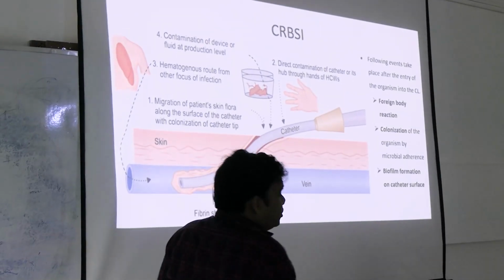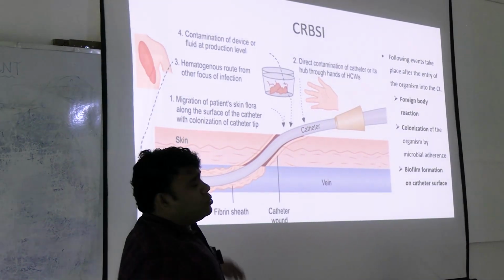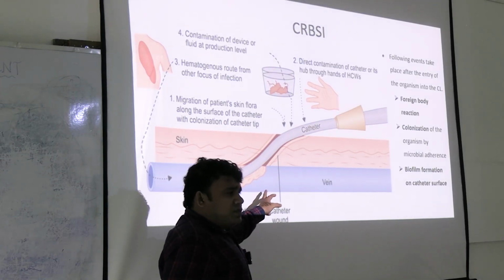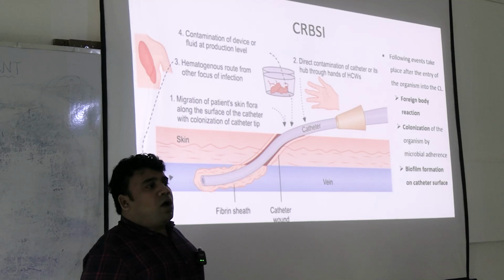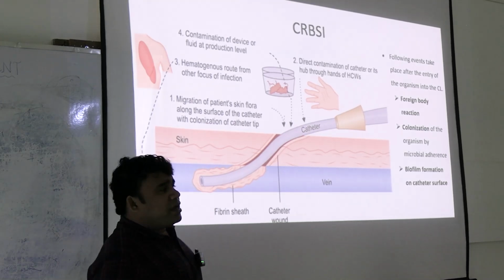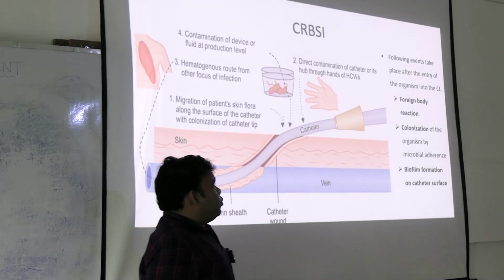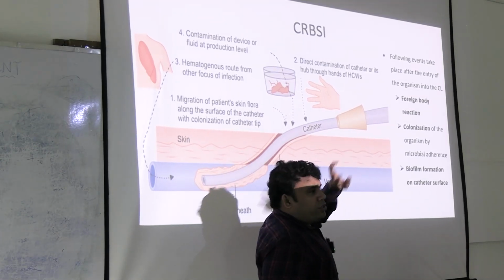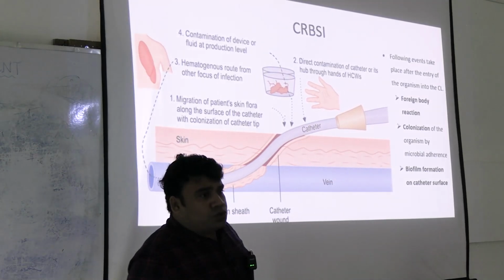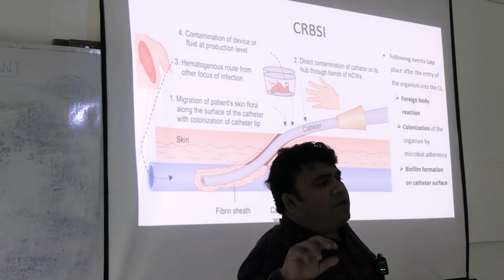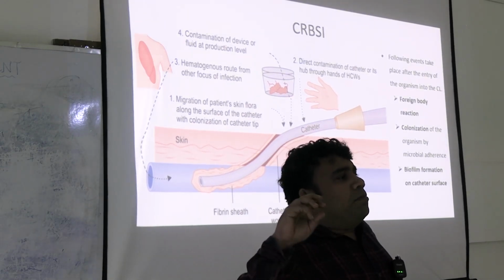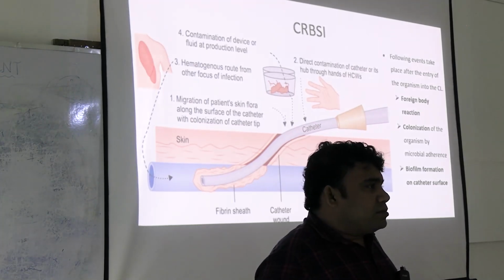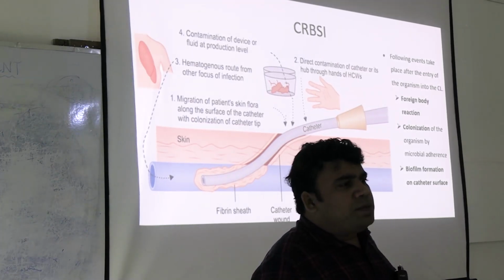Now, like in the case of the urinary tract, this is a pictorial diagram which shows a catheter that has been placed into the great vessel, that is the great veins. Now, how does infection occur in the case of catheters? The first types would be extraluminal and intraluminal. Intraluminal means through the catheter. Whatever drugs, medications, fluids I am giving, if they are contaminated, infection will occur through that route.